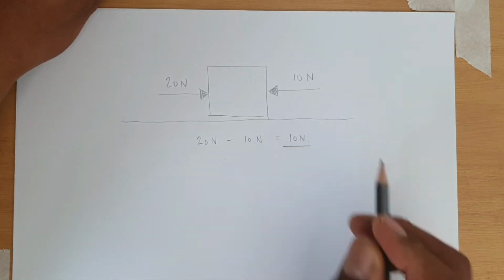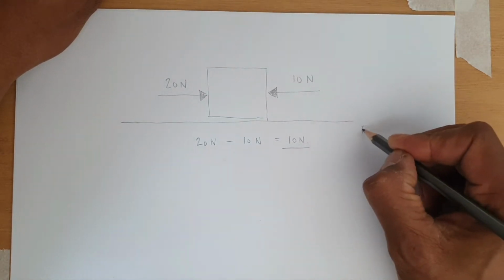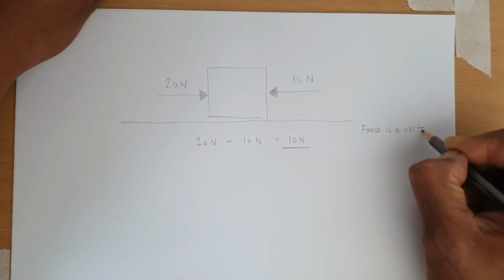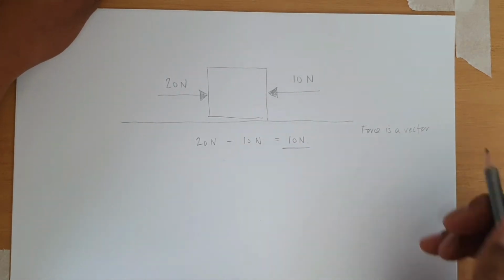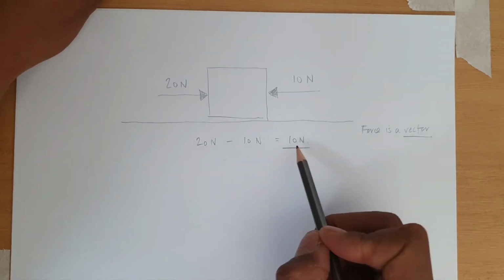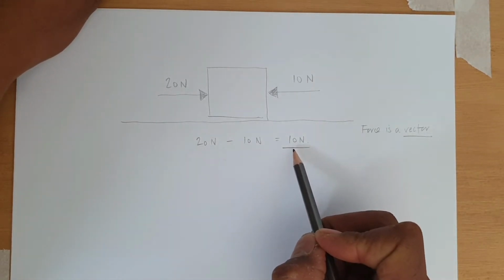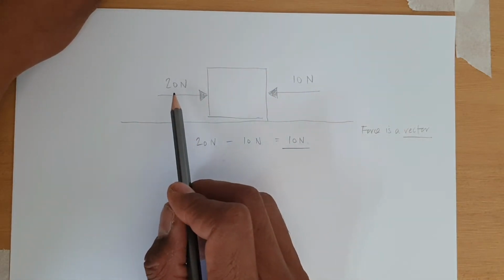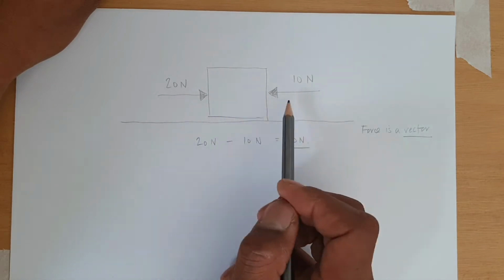Now force is a vector. Hopefully you know that vectors require a direction, so you have to give a direction to give a full answer. Now, because this one is bigger than that one, the resultant or the total force goes to the right.